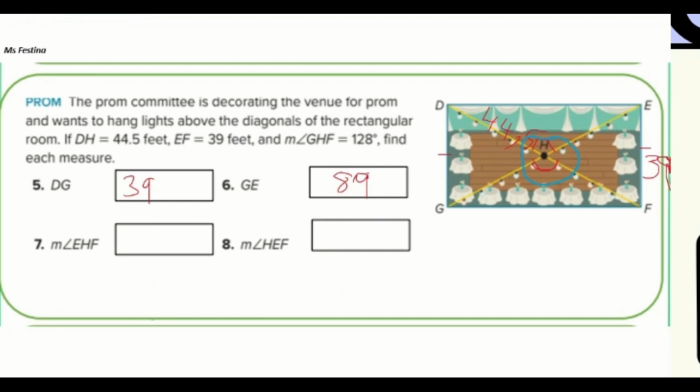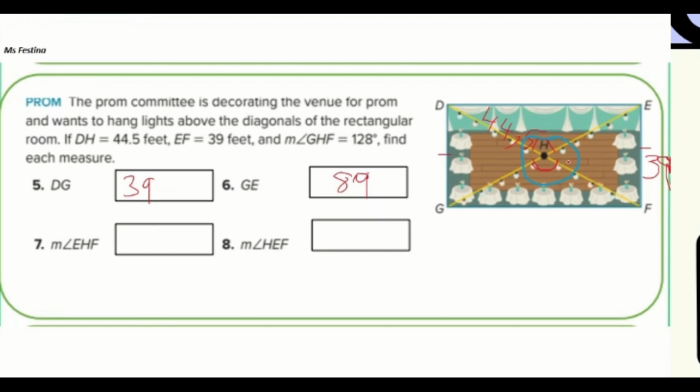So what we then do to find out the measure of this angle, they want this one, EHF, right here. We're going to take the sum of all of them.